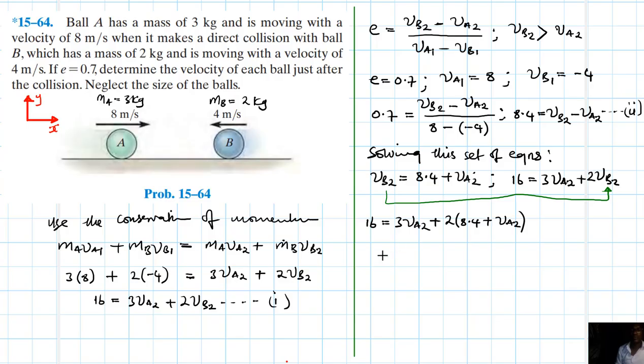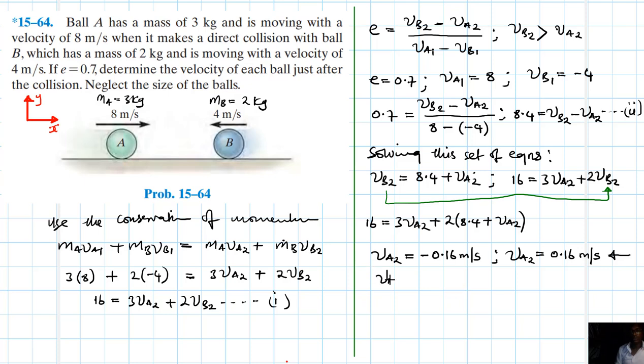Therefore vA2 is 16 minus 2 times 8.4, then divided by 5. This gives us minus 0.16 meters per second. So this means vA2 is 0.16 meters per second, going in the opposite direction of our assumed direction.